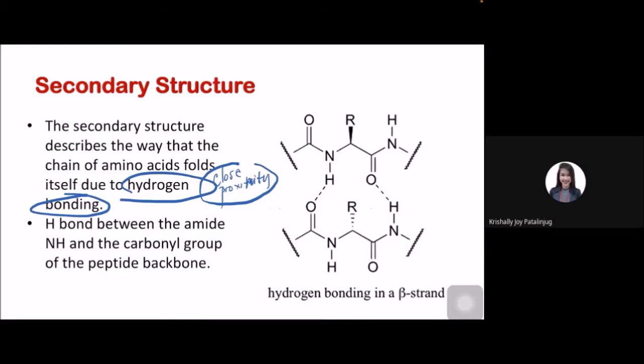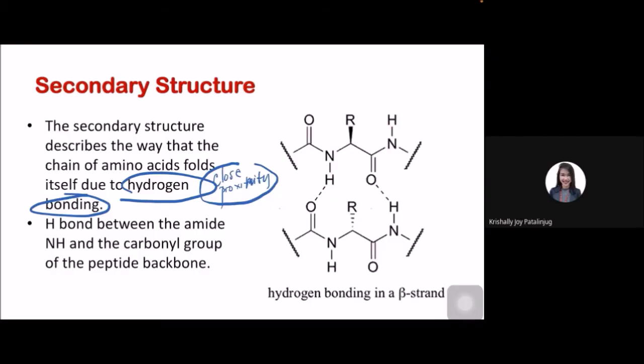And what are the atoms involved in a hydrogen bond? Take note, the atoms that can induce hydrogen bonds are those said to be electronegative atoms.